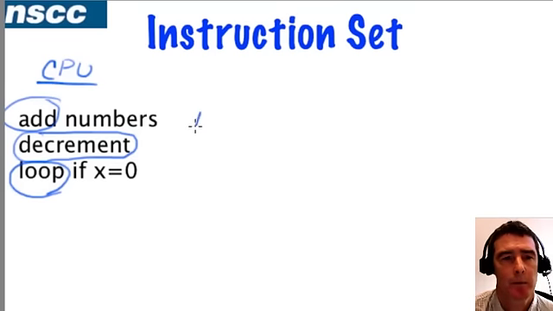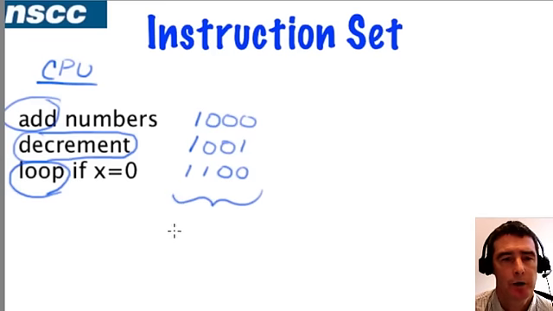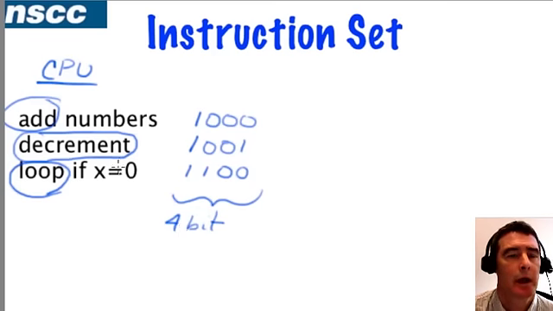So I might have a code for adding 2 numbers as a binary code like that using 4 bits. For decrement, it might be a different code. For looping, if some register was 0, maybe a different code yet again. All these instructions are 4-bit codes, and I could even have combinations.